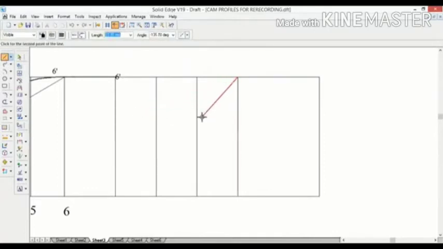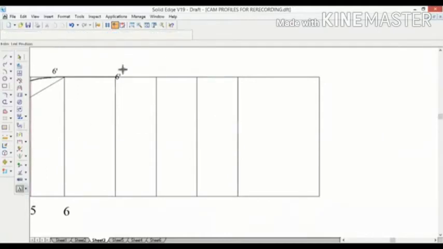Since we divided the acceleration into 3 equal parts, let us divide 21 also into 3 equal parts. So 21 divided by 3 is 7 mm. So take 7 mm minus 90 degree. One division I have divided. 7 mm minus 90 degree and 7 mm minus 90 degree. So we divide it into 3 equal parts.